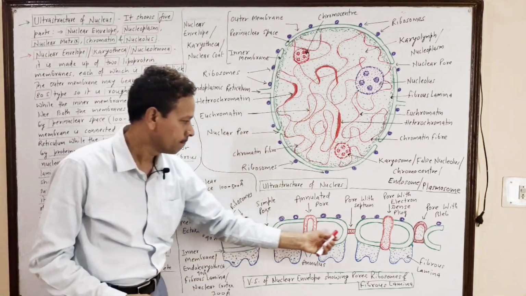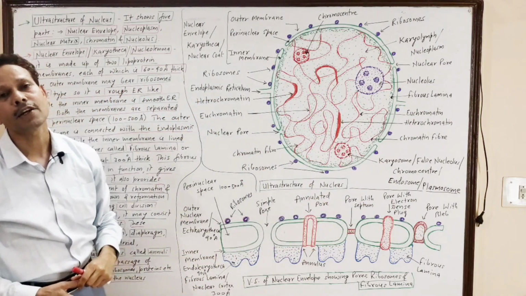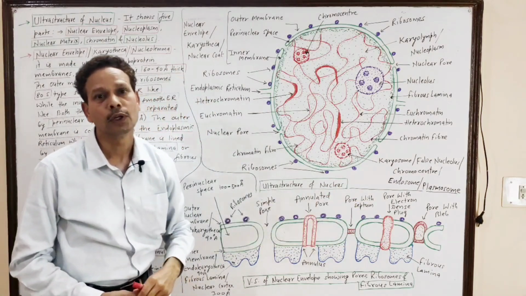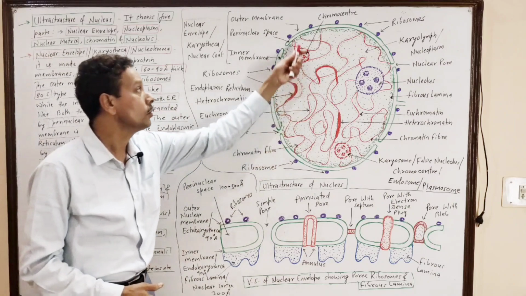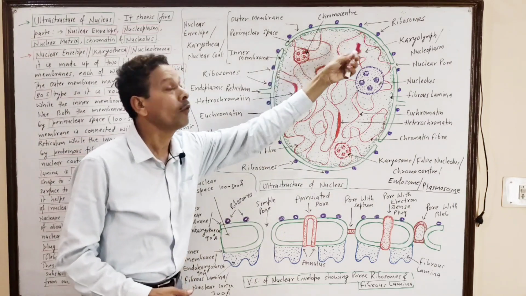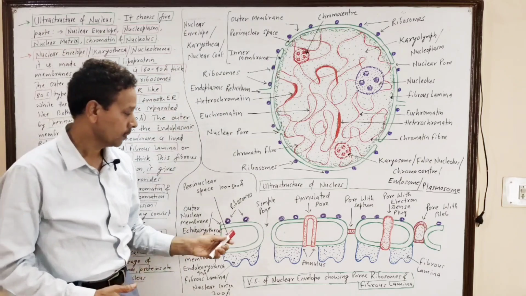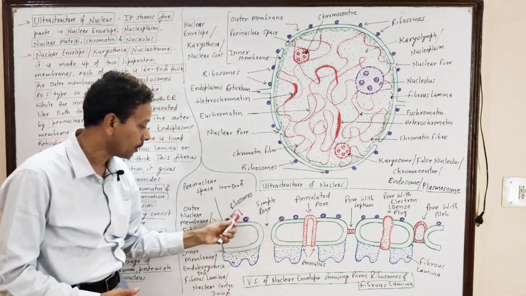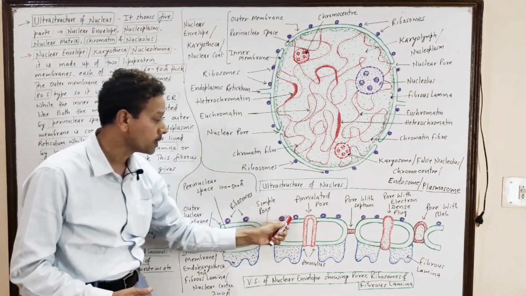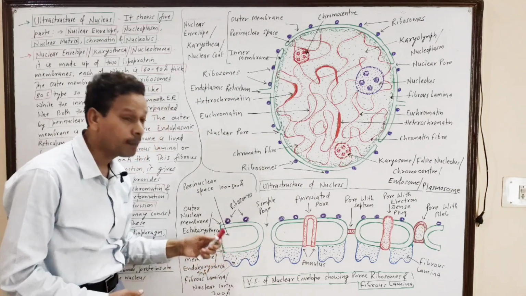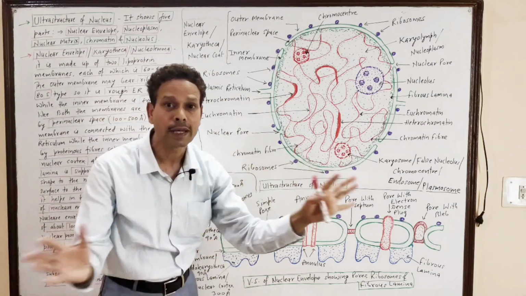This is the vertical section of nuclear envelope. This nuclear outer coat shows it is porous in nature. This nuclear coat, which is double membranous, has an outer membrane that is rough due to presence of these 80S ribosomes, and this inner membrane is smooth without any ribosomes.